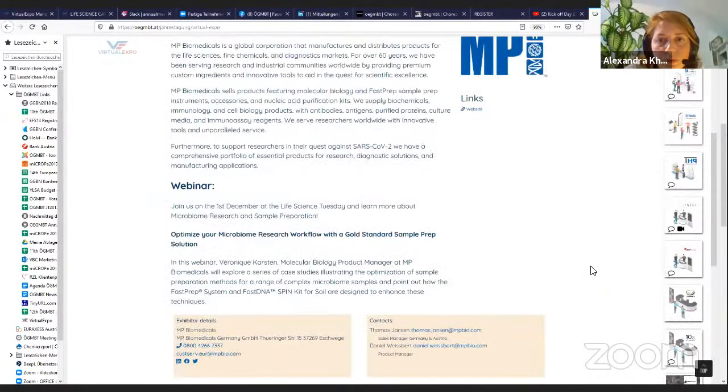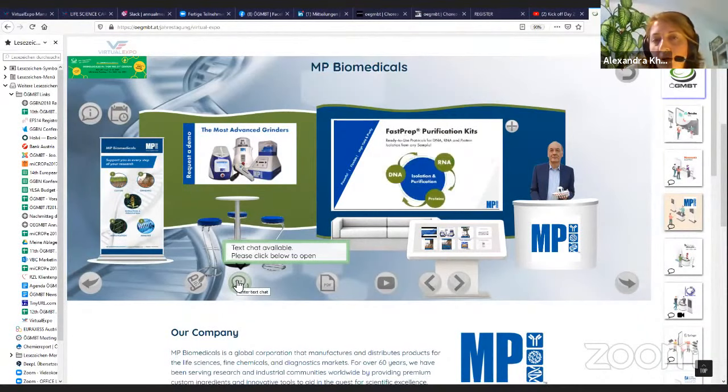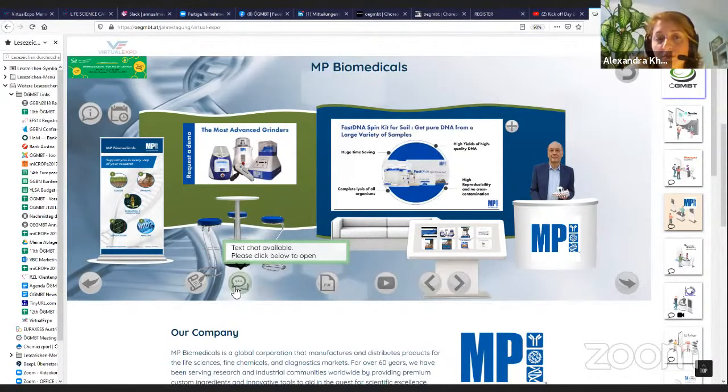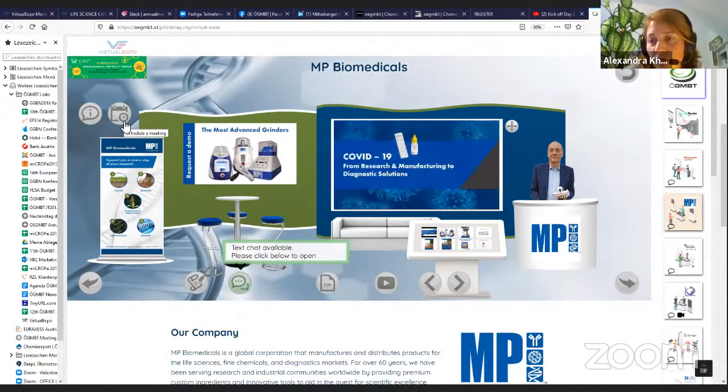What is important is that you can also get in contact. For example, you can see here text chat available. By clicking this button, you are asked for your name and email address, and you can get in contact with the exhibitor. This button is only available when the exhibitor is online, so you can be sure that you will be answered shortly. Then there is a function if you want to talk to the exhibitor one-to-one and make a specific appointment.